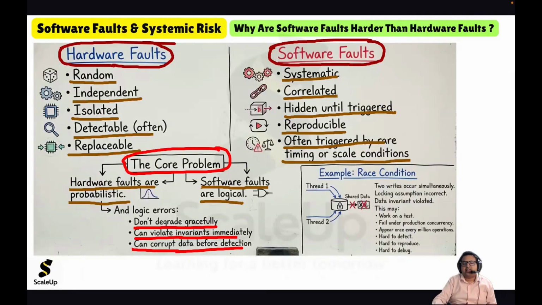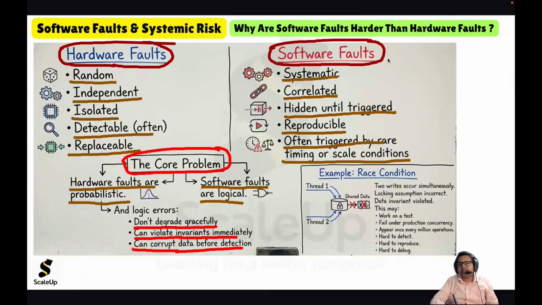Logical errors can be very dangerous because they can very easily spread out. Because of that, systems will not be able to degrade gracefully. They can migrate very quickly.